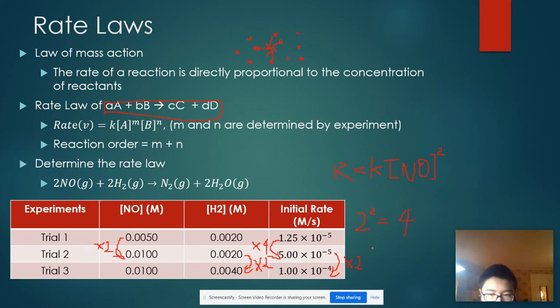That means, because 2 to the first power is equal to 2, the exponent for H2 is just 1. So the rate law is k times the concentration of NO squared times the concentration of H2. In this case, the exponent for NO is 2 and the exponent for H2 is 1, so 2 plus 1 is 3, and this is a third order reaction.